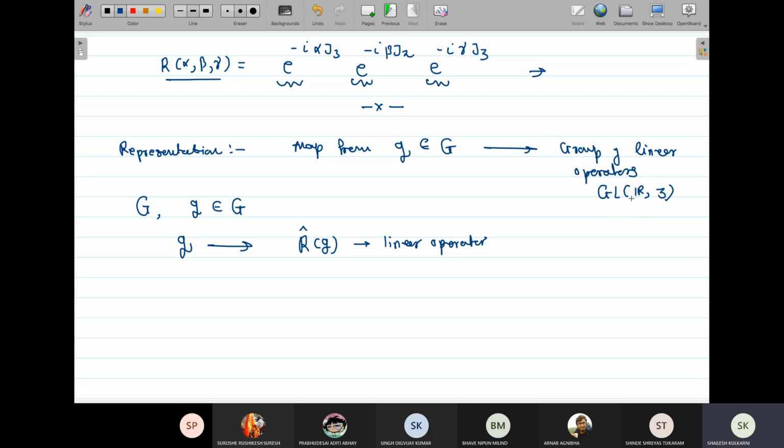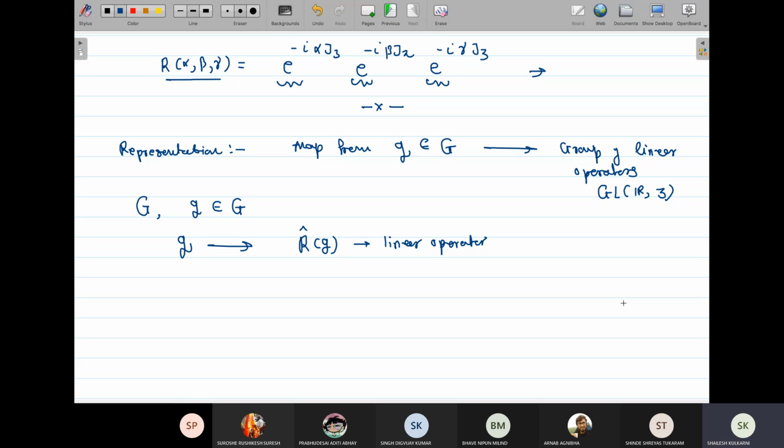If I write 2 here, then it is a group of linear operators in 2 dimensions, and so on. That depends upon the representation. For a given group, I will have many such cases: 2-dimensional operators, 3-dimensional operators, 4-dimensional operators, n-dimensional operators.